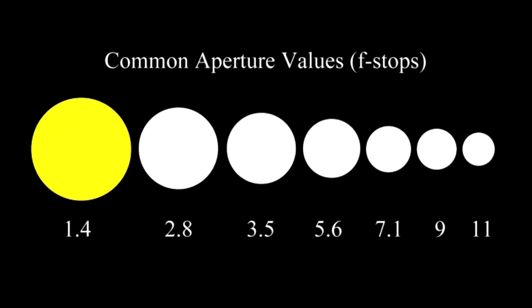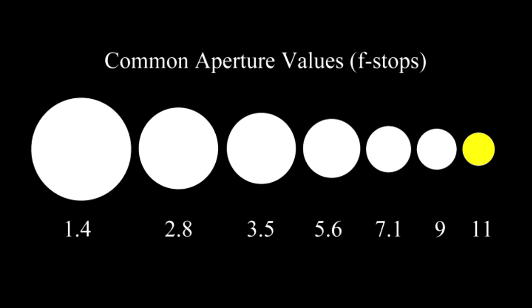When working with F numbers in photography, i.e. aperture numbers, you have to remember that a large number represents a small hole and a small number represents a big hole. I know it's hard to understand, but trust me, once you start to understand it and you accept it, life as a photographer becomes so much easier.